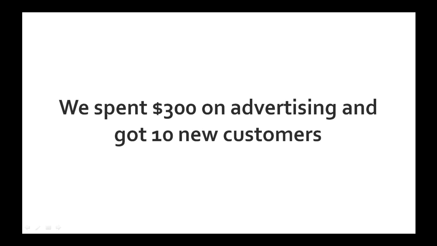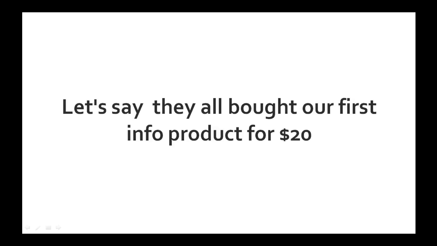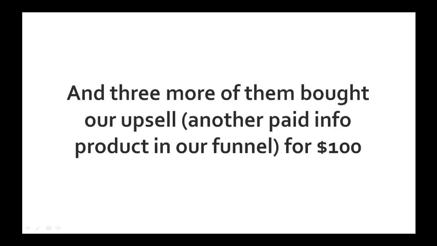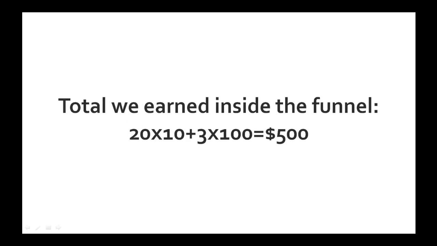Let's return to our example. We spent $300 on advertising and got 10 new customers. Let's say they all bought our first info product for $20. And 3 more of them bought our upsell, another paid info product in our funnel, for $100.